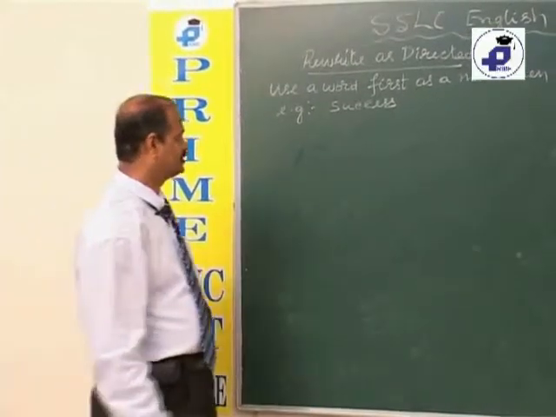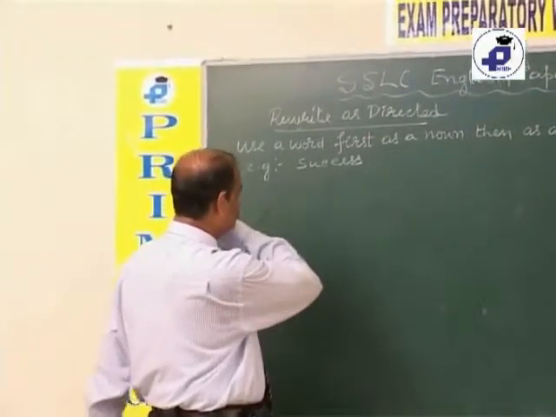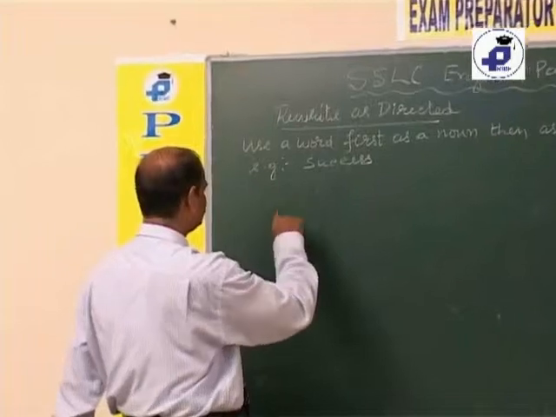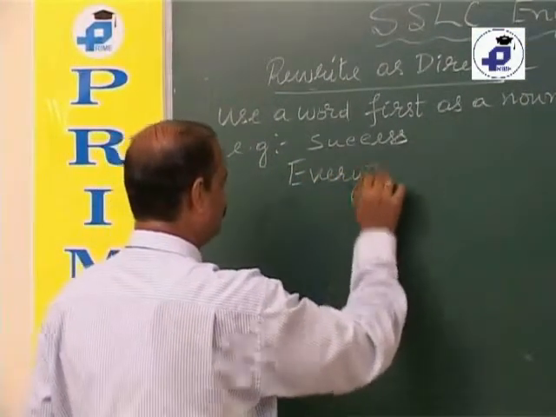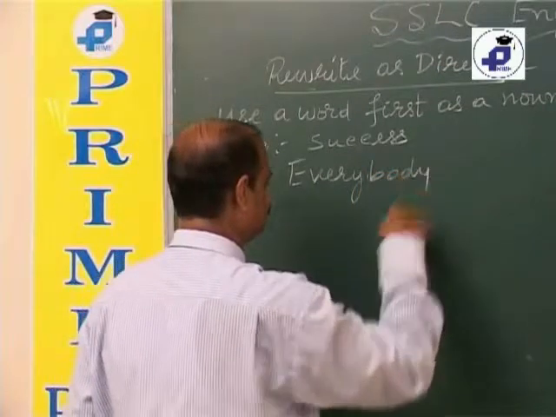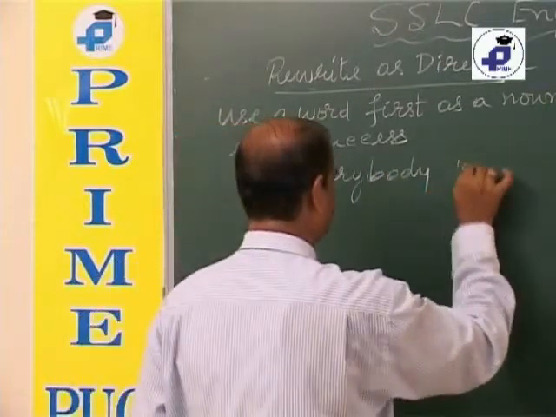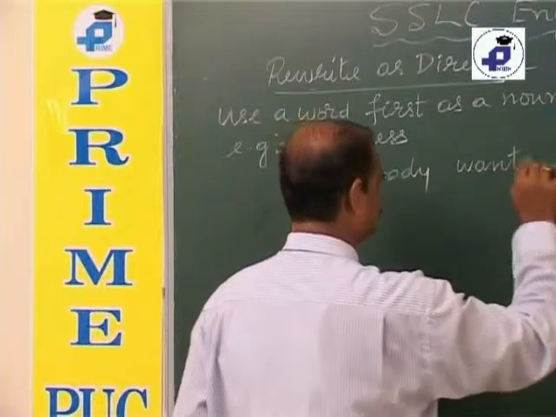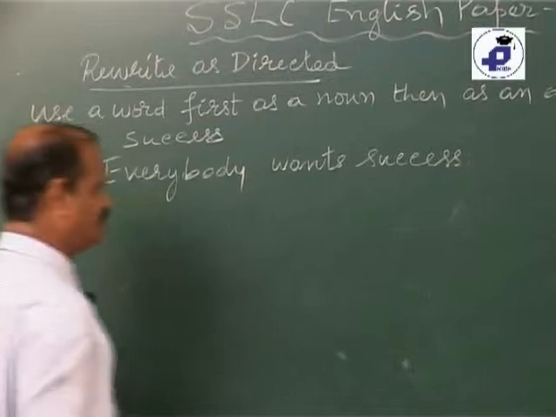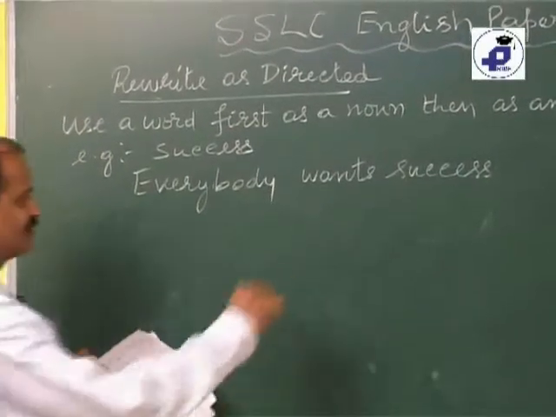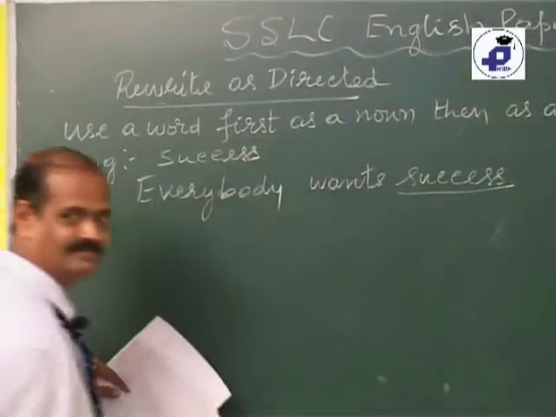He is a successful person. If I say this, then it becomes an adjective. See, I'll write two sentences here. Everybody wants success. So if I say everybody wants success, the word success is used as a noun.